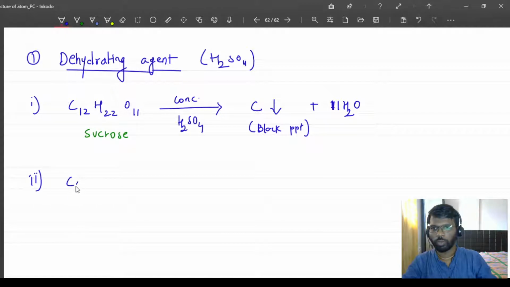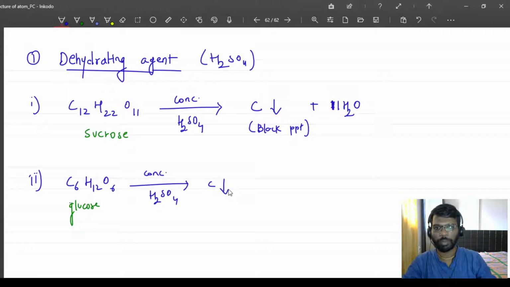Or you take glucose. Glucose is C6H12O6. And if you add concentrated H2SO4, what you will get is again a carbon black precipitate, and plus how many water molecules? 6H2O.